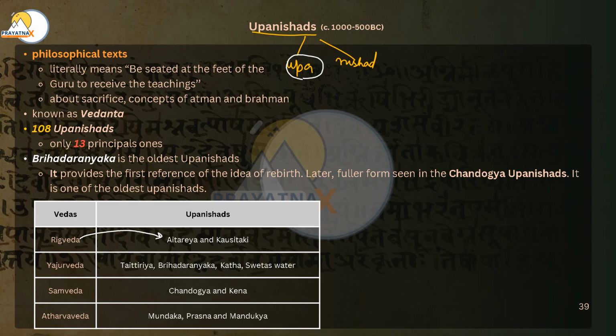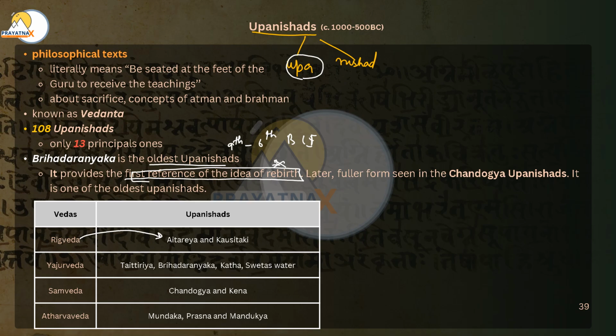Now, out of this, the Brihadaranyaka is the oldest of all Upanishads. Now, it is believed to be written in the 9th to 6th century BCE. Now, it provides the first reference of the idea of rebirth. It is obviously the oldest Upanishad.